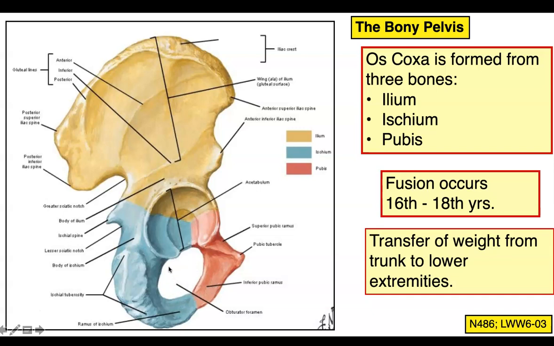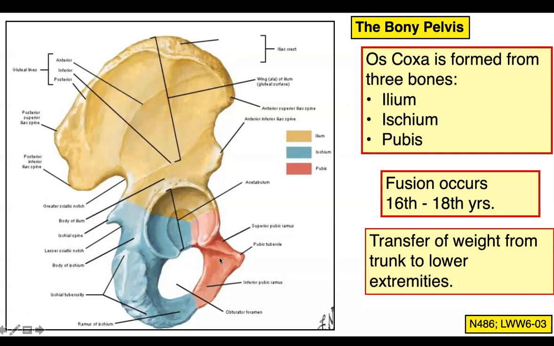See, the obturator foramen is in between the pubis and ischium. The ischial tuberosity is an important bony prominence. When we sit, our body weight is transmitted through the ischial tuberosities into the surface.